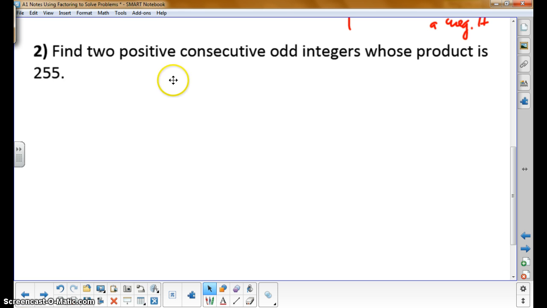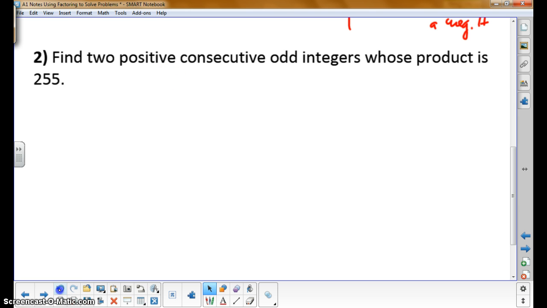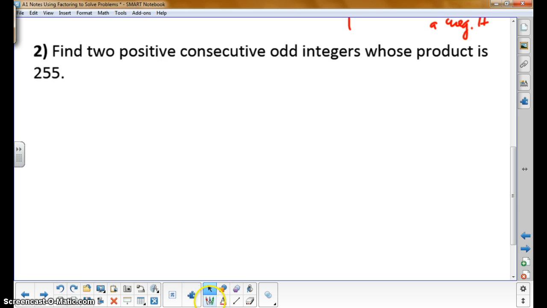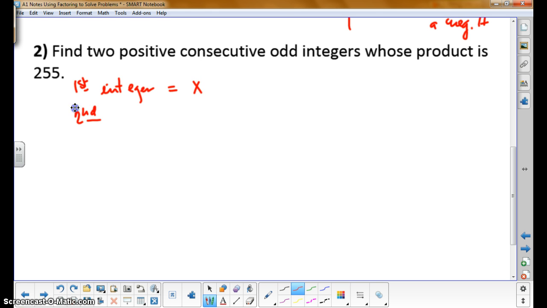So the first consecutive integer, let's call it x. And the second one, if they're consecutive odd integers, how many steps are between them?